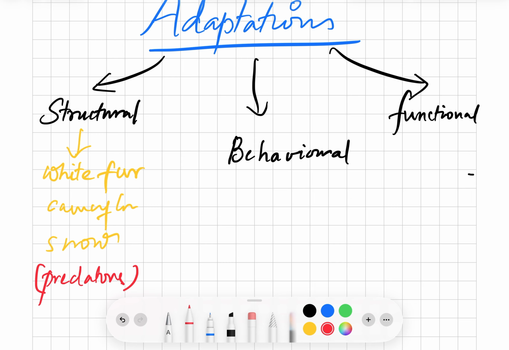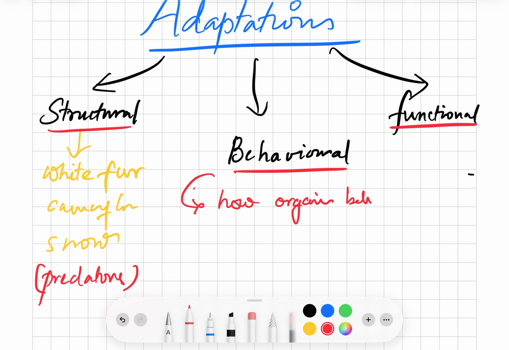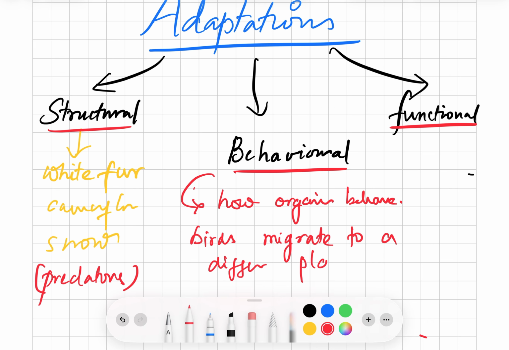Now we're going to move on to the behavioral adaptations. These are the ways that organisms behave. Okay, so it's not some structure, so do not get confused with that. It's about how the organisms behave. For example, you might have seen some birds, they migrate to a different place during the mating period, right?